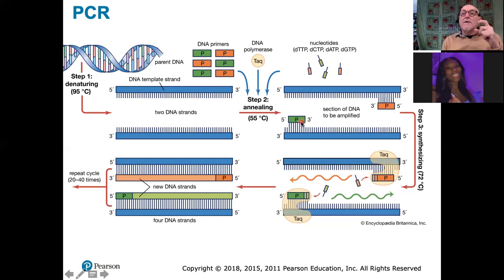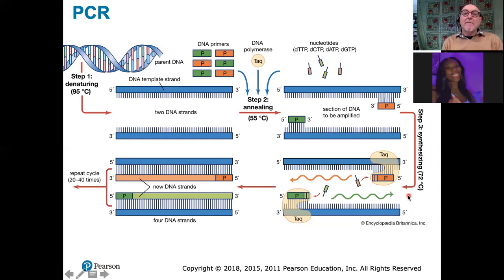It's still too hot for the DNA fragments to get together completely, but it's cool enough that these little short pieces of primer can actually stick to the DNA. Now I'm going to reduce the temperature even more, to 72 degrees Celsius from the 95. At this temperature the polymerase is going to start operating and actually replicate the DNA.